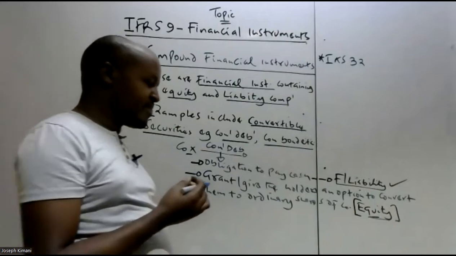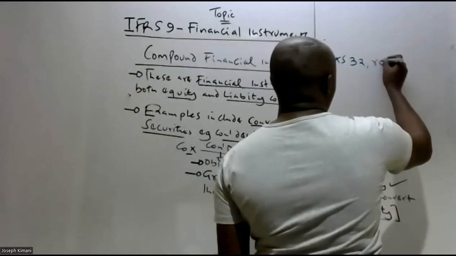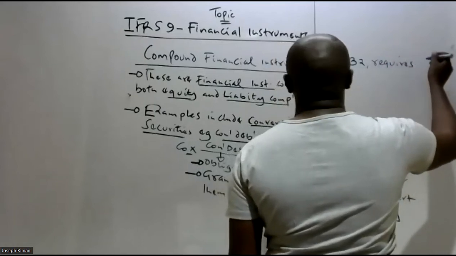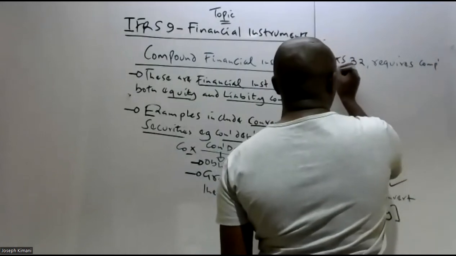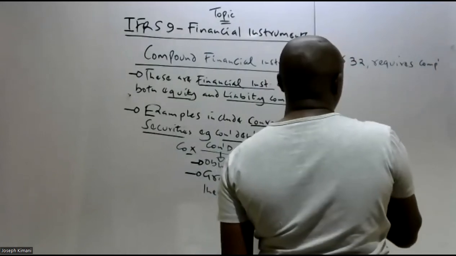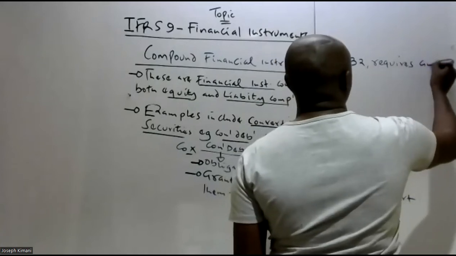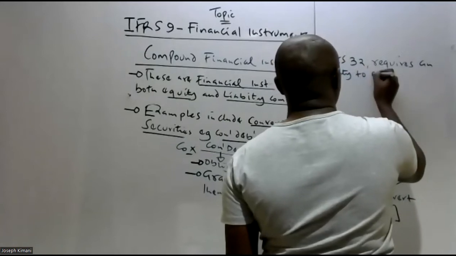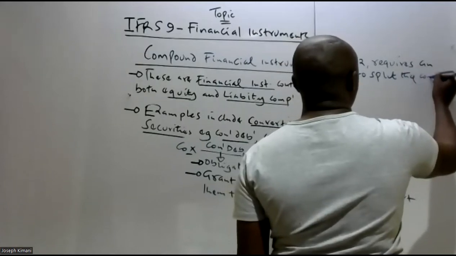IAS 32 requires an entity to split the two components.